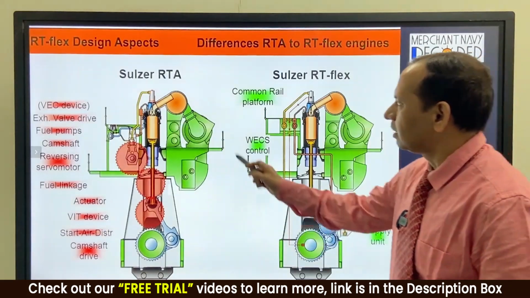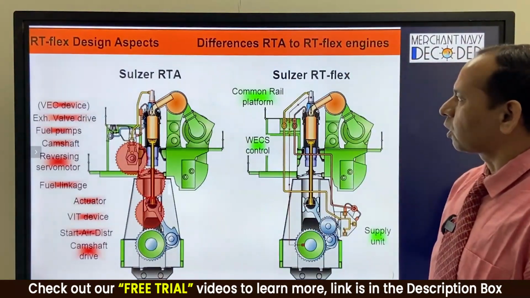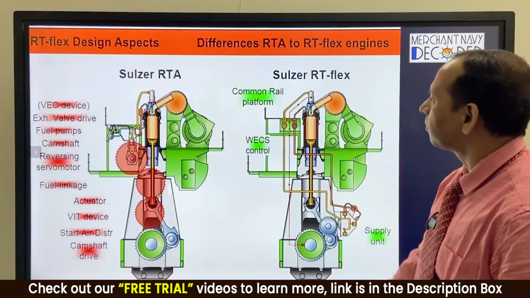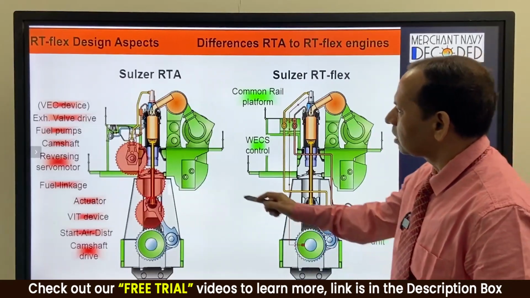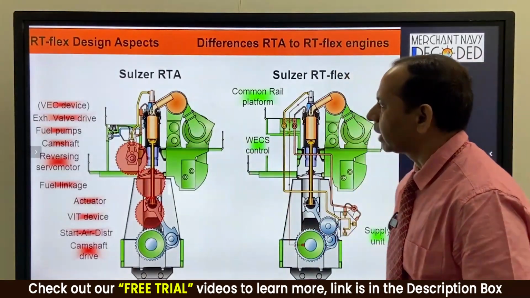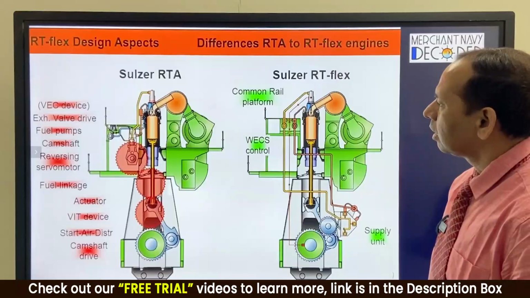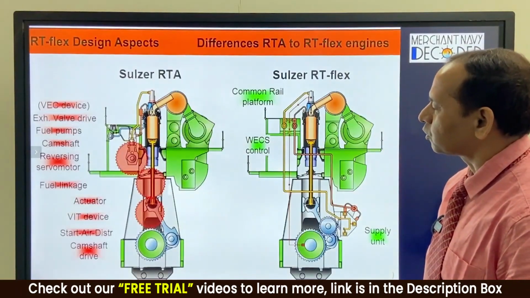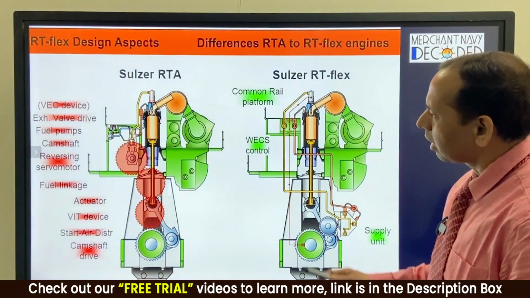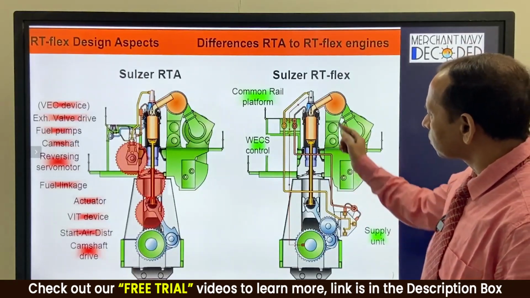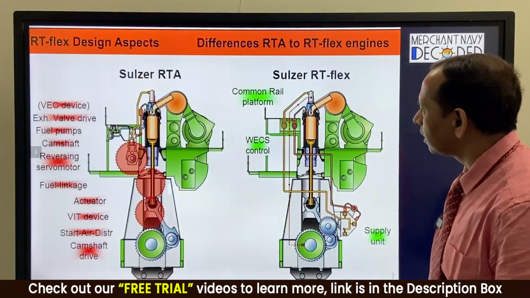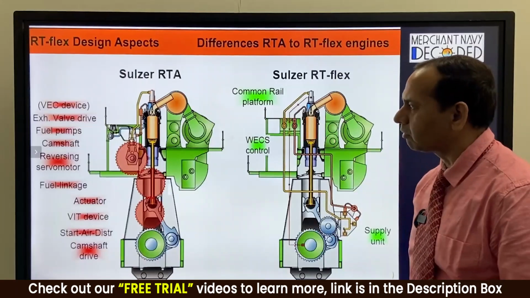Here we had variable exhaust closing devices, that was a different mechanism given here, and in this engine most components were mechanically actuated, or electromechanically actuated, or there was hydraulic mechanical actuation. As you can see, the first big change here is that this engine is called a camshaftless engine.